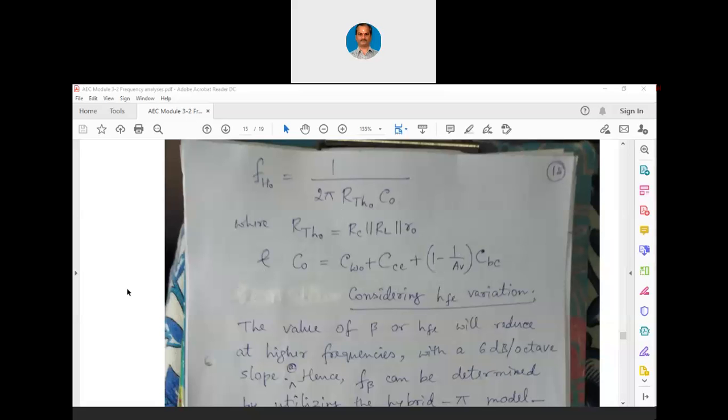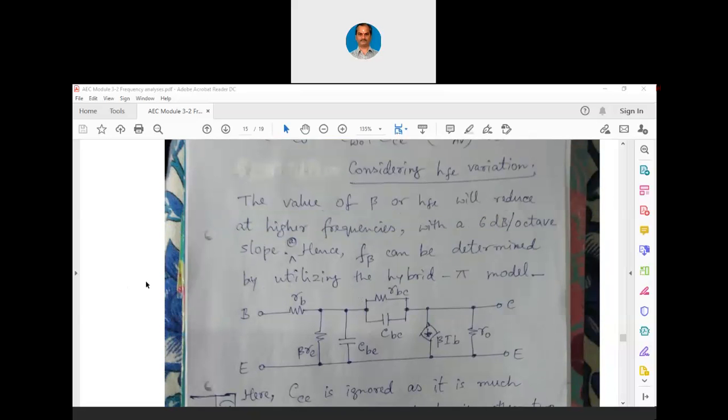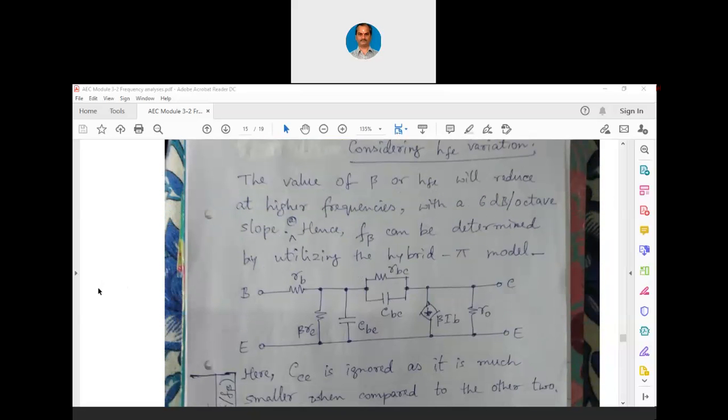Now, let us slightly discuss this HFE variation, because we will have to have a slightly different hybrid model now. Considering the HFE variation, this HFE need not be constant throughout. That is why beta and HFE are considered slightly different.